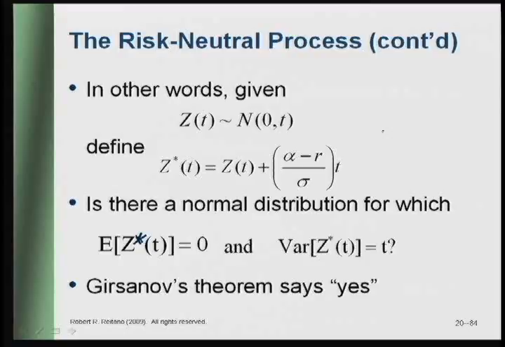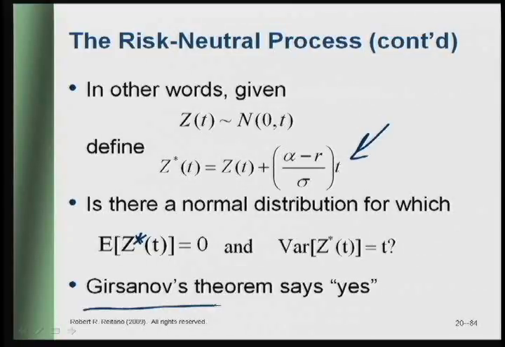You can double check that the variance of z star is already t. I don't have to worry about the variance. I've got that in order. But is there some way of changing probabilities on the path so I can shift the mean down from its current value, which is the Sharpe ratio times t, down to the value I'm looking for, which is 0?